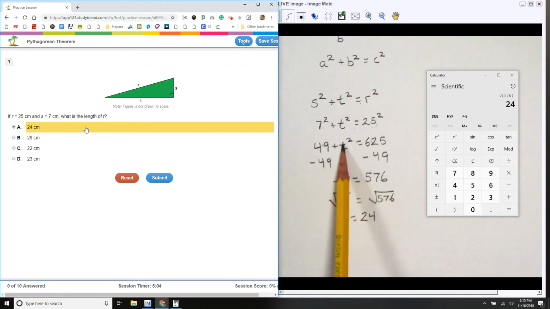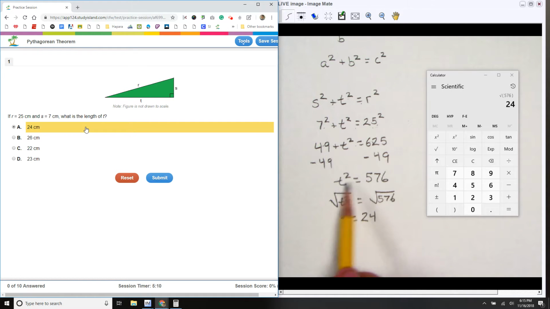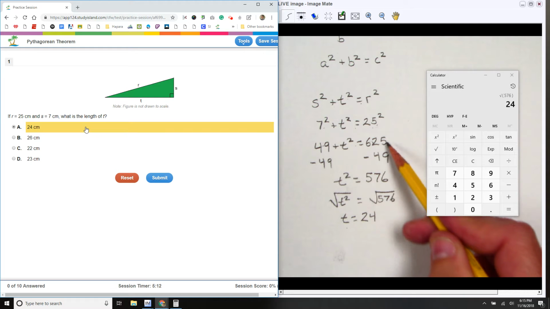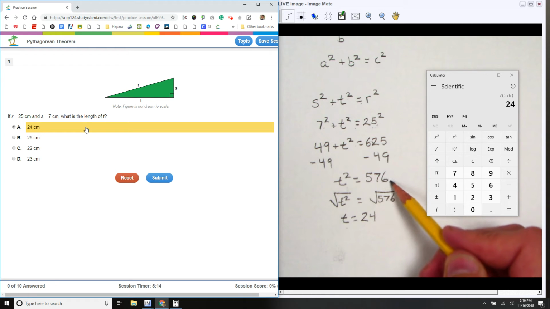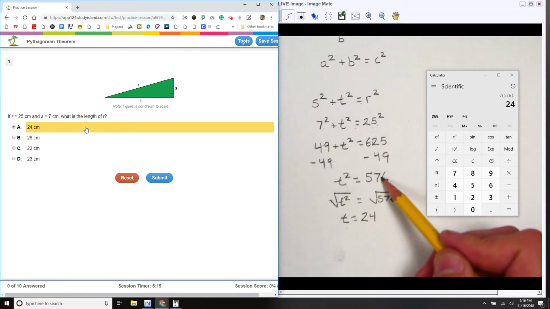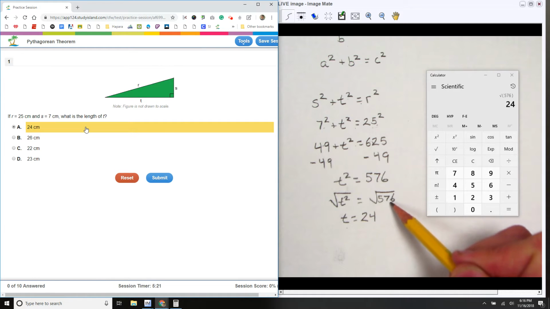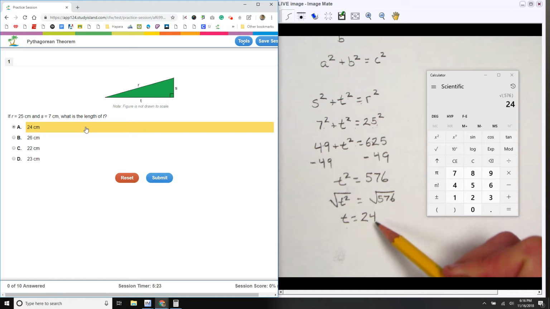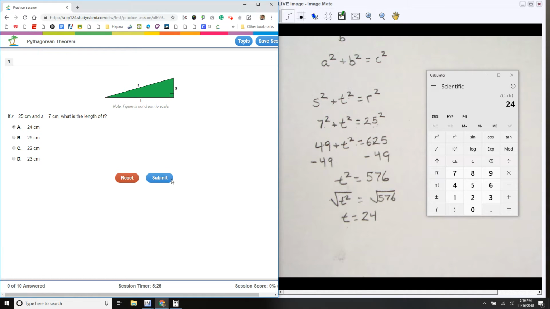If 49 plus T squared equals something, I could take 49 away from both sides and it would tell me what T squared was. T squared is 576 because 625 minus 49 is 576. So something squared is 576. What times itself is 576? Well, we find out the square root of 576 and we get our answer. So there we go. Let's do some more of these.